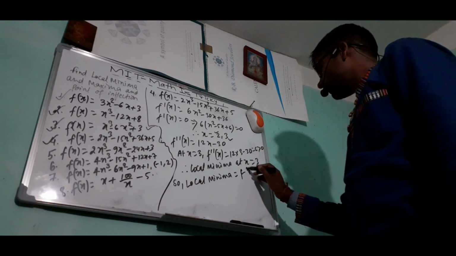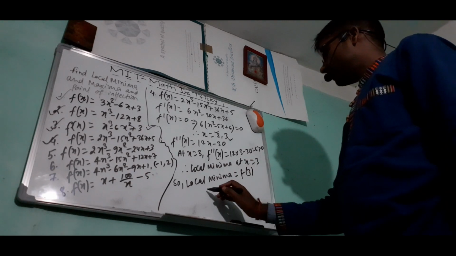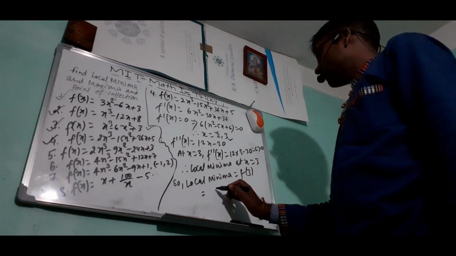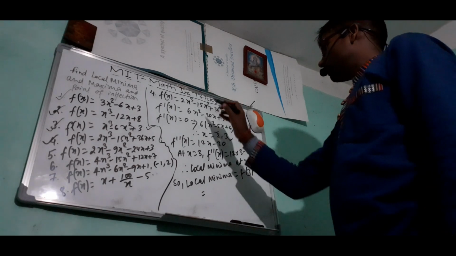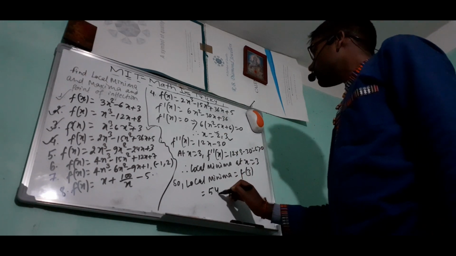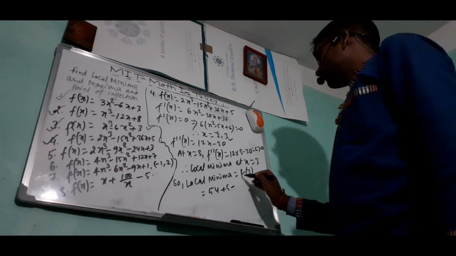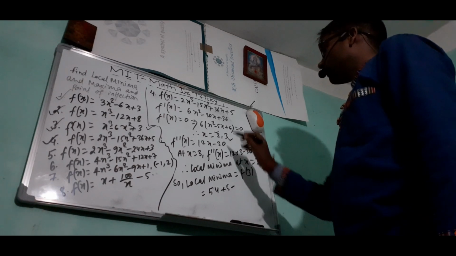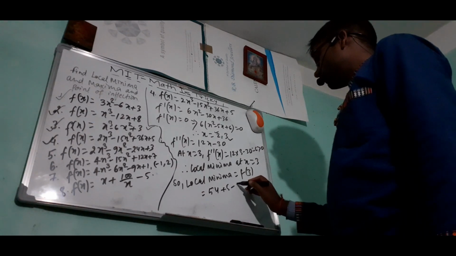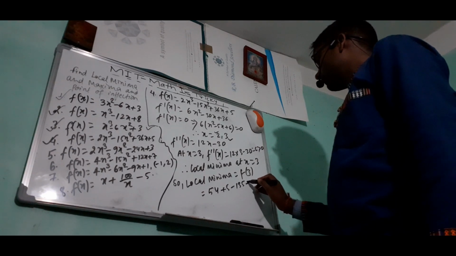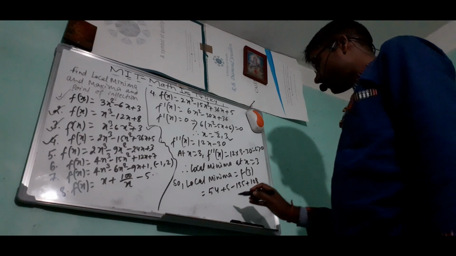So local minima equals f of 3, and if we simplify this, f of 3 means 3 cube is 27 into 2, which is 54, plus 5, minus 15 into 9 is 135, plus 108.